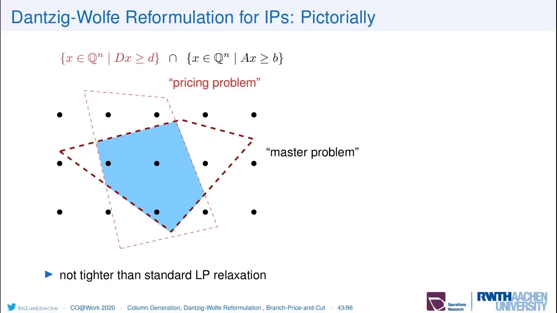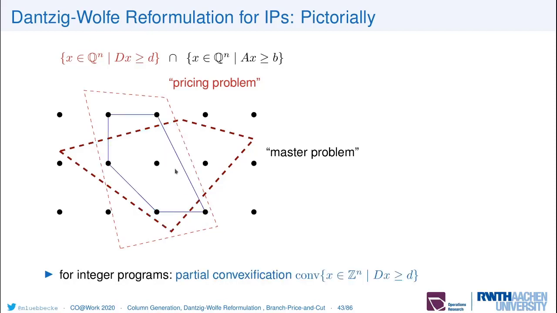Okay, so what happens if the pricing problem is an integer program? That means these are the constraints of an integer program plus the requirement that the solution should be integer. So this is what is actually reformulated in this Dantzig-Wolfe formulation of an integer program.